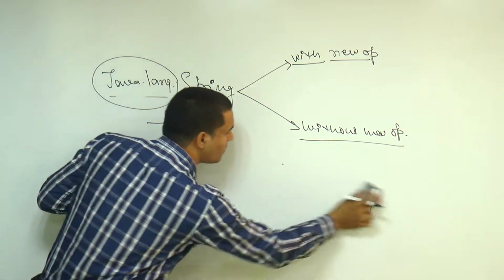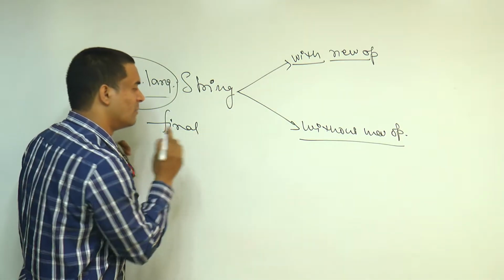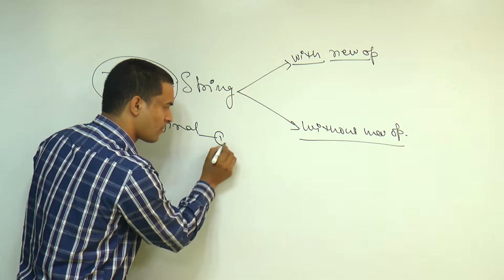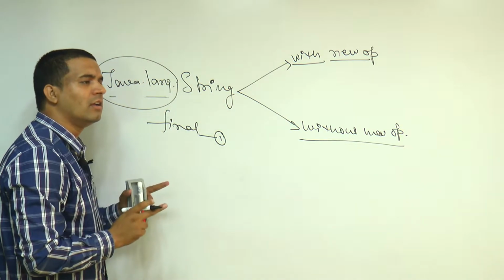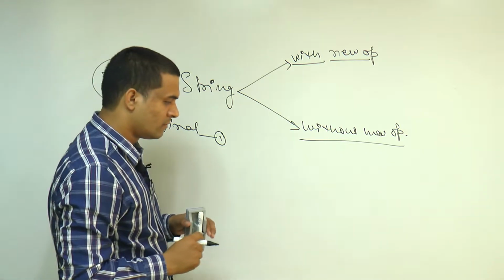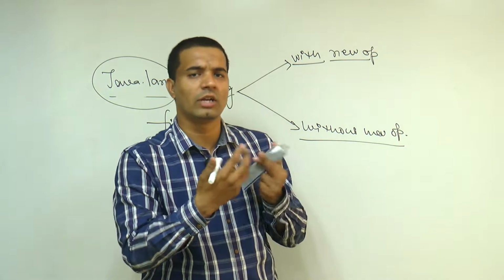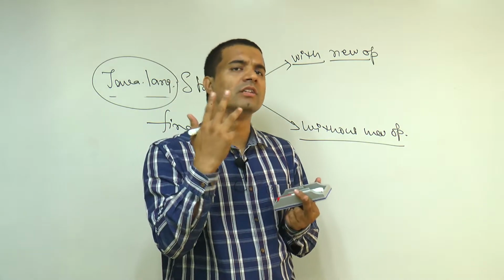The meaning of final, I am exploring in different concepts. What is the meaning of final? Number one, if it is final, it cannot be inherited. Whenever we try to inherit a class, there could be some reasons.